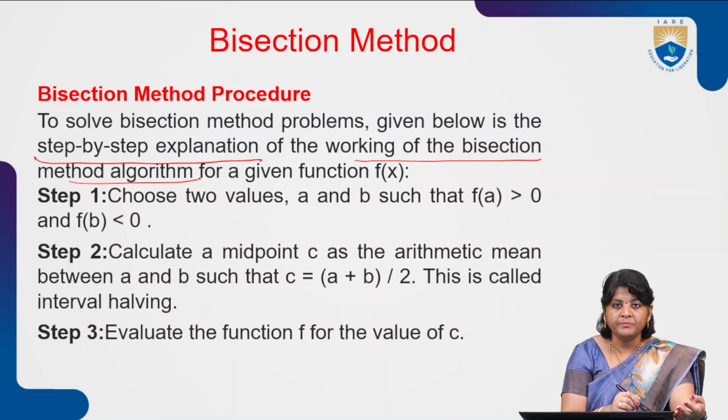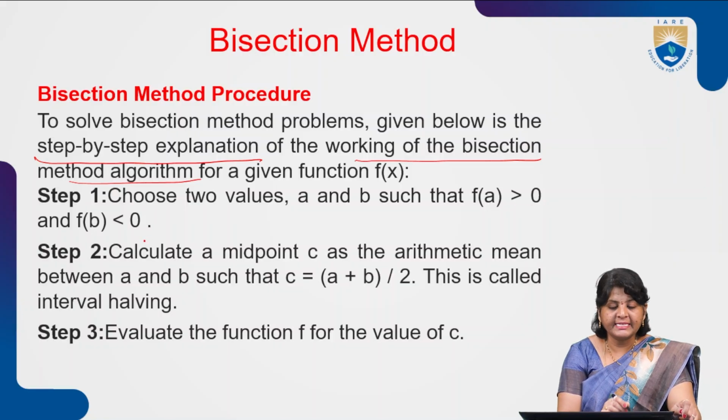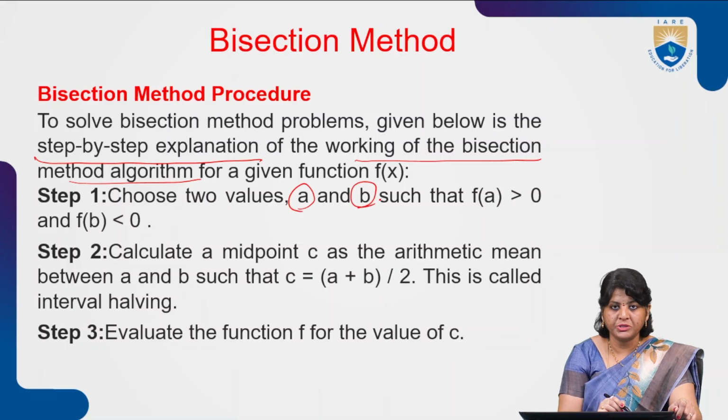To solve the bisection method problem, below is the step-by-step explanation of the working of the bisection method algorithm. This is the algorithm which we need to follow when finding the roots. Step 1 is to choose two values A and B, initial guesses, such that f of A is greater than 0 and f of B is less than 0.